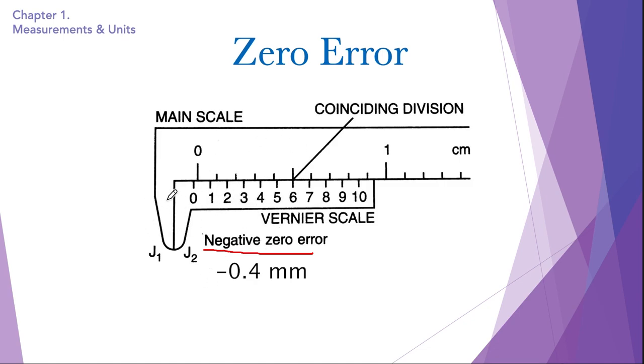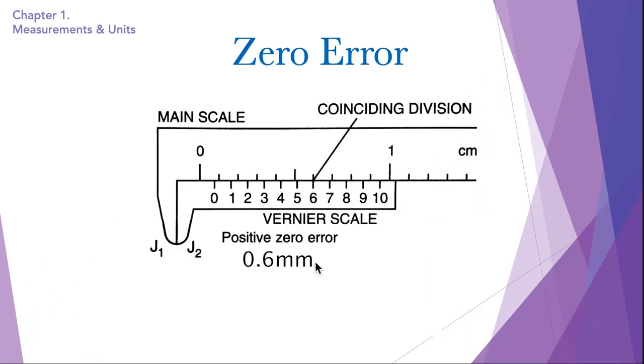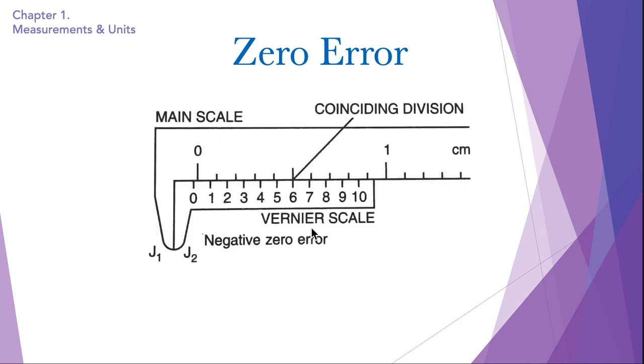So if I'm measuring an object and the reading is x, for example, the reading is obviously incorrect because the vernier calipers has zero error, but all we have to do to make it correct is minus this zero error from the reading it gives. Same with the positive zero error, we just minus the zero error from the reading the vernier calipers gives and we get the correct reading. So this is how we find the zero error in the vernier calipers.